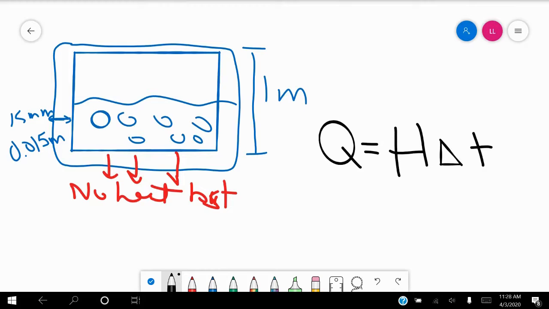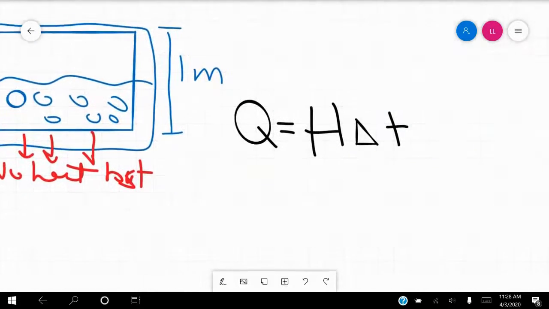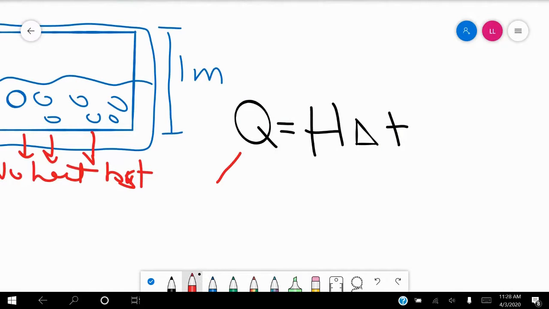the formula chart from UT says that it's called the thermal conductivity equation. So we have two main parts to this equation. One is the Q, and the other is the H. The Q, if we're looking at melting ice, will be the m L_f formula, the latent heat of fusion.